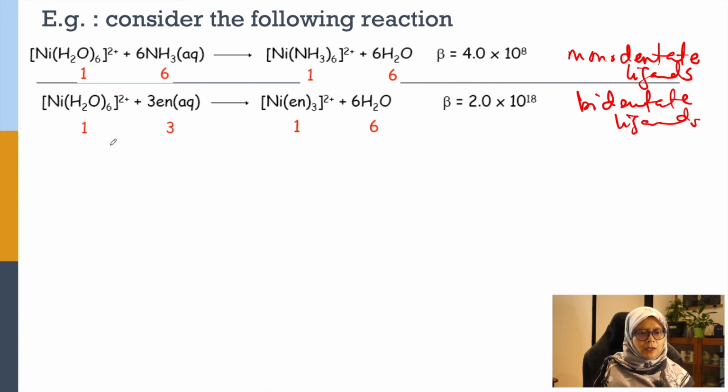From the reactants we have 4 particles and they produce 7 particles for the product, where the value is 10 to the power of 18, much larger than the monodentate ligands.